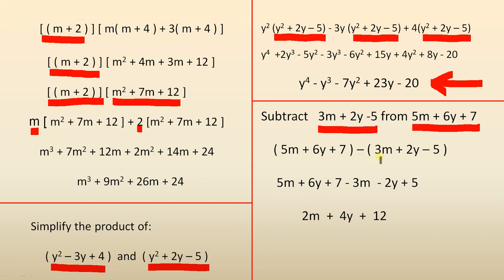That gives us minus 3m minus 2y plus 5, because minus times minus is plus. Simplifying from there to there, we get 5m minus 3m is 2m, 6y minus 2y is 4y, and 7 plus 5 is 12. And there is your answer.